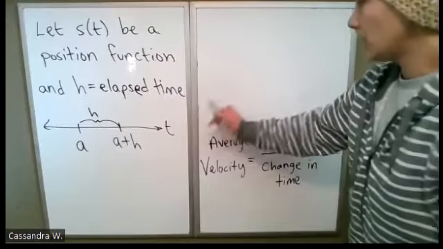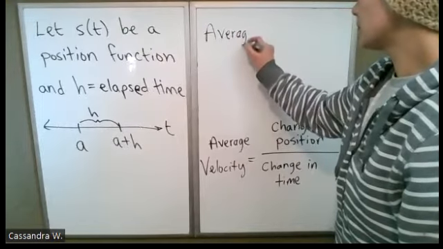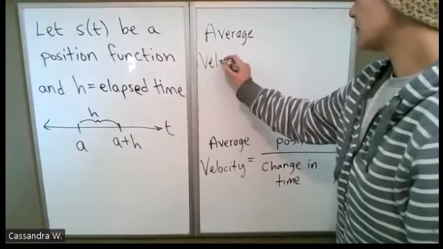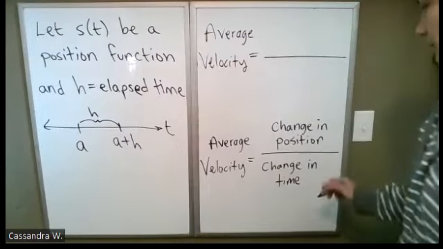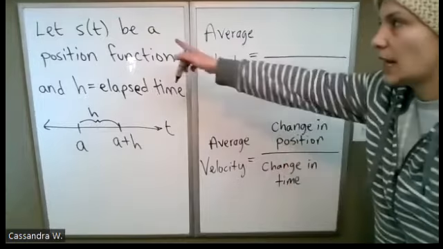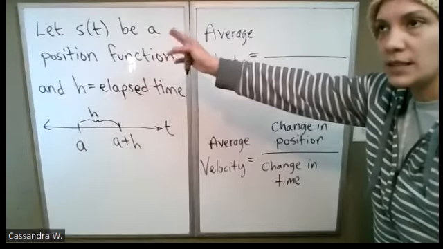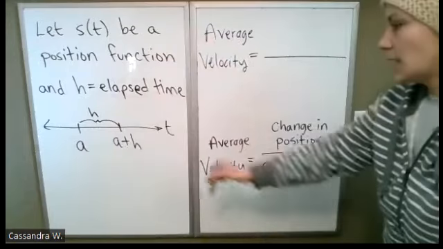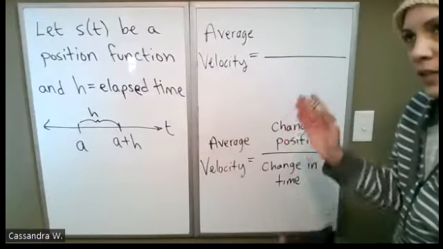So our average velocity. Okay, for your change in position, those are the outputs you get from putting a through that function s, so s of a. And we're going to look at s of a plus h, and then find the change of position.